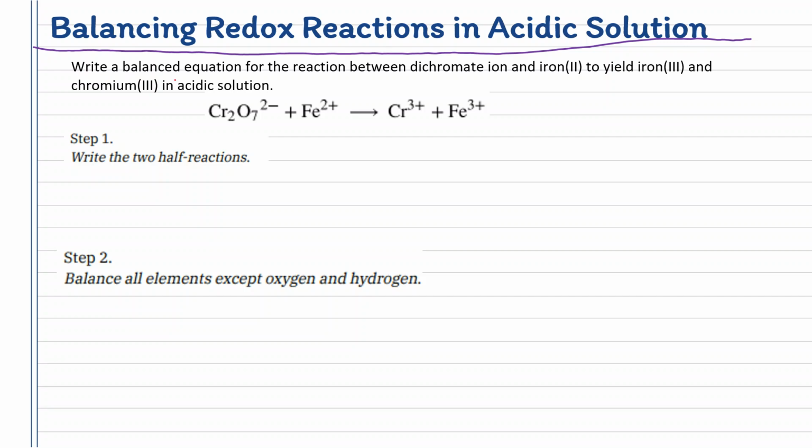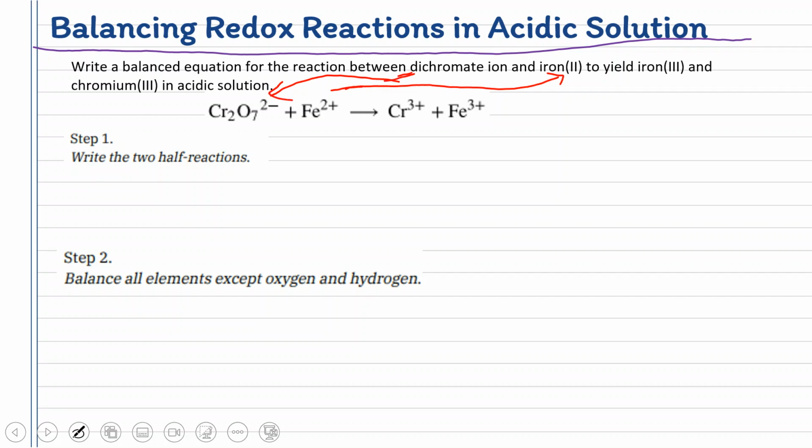Write a balanced equation for the reaction between dichromate ion and iron(II). So think about it. Which one is dichromate ion? Straight away, I know that this is iron(II) because the oxidation number for iron is 2. They're telling you the particular ion we're dealing with is iron(II). If this is iron(II), dichromate ion should be this ion.